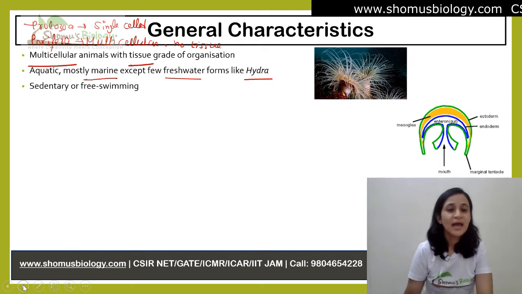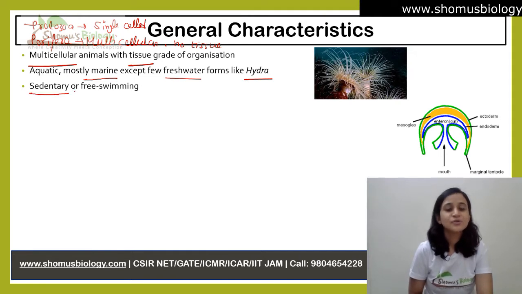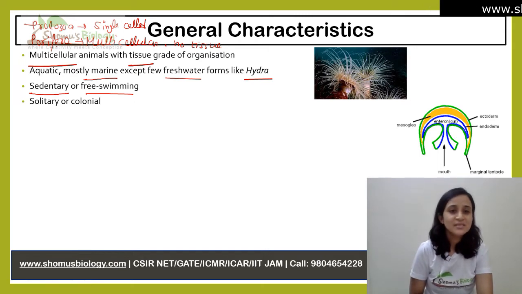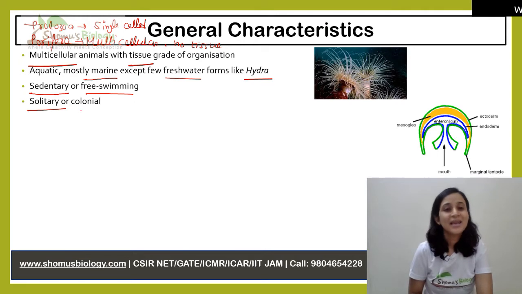They have a sedentary or free swimming lifestyle. Either they are fixed to the substratum and can't move, or sometimes they will move. Sometimes they love to be solitary, and sometimes they love to stay together in colony form.